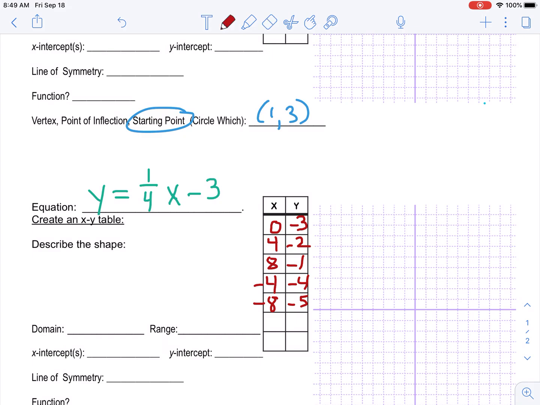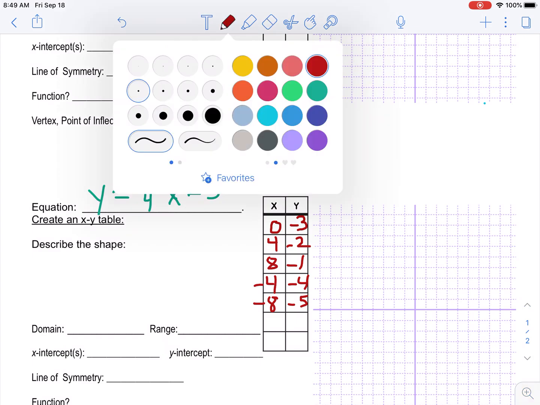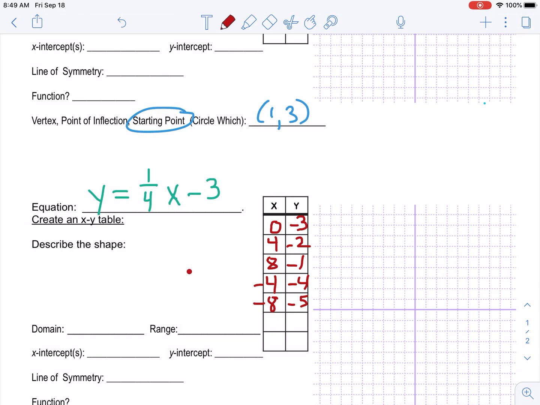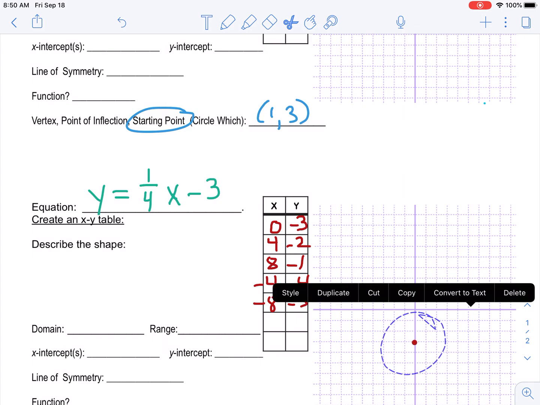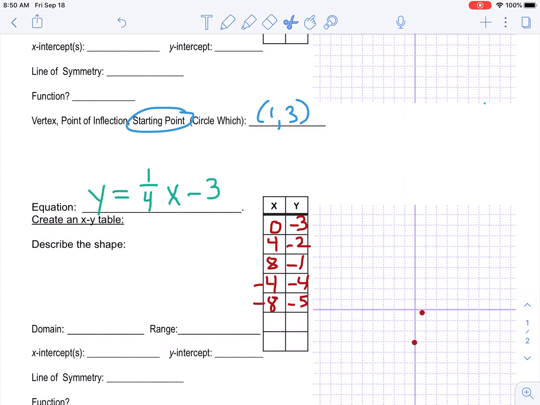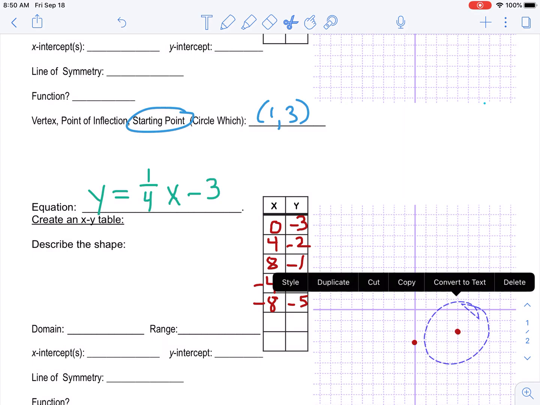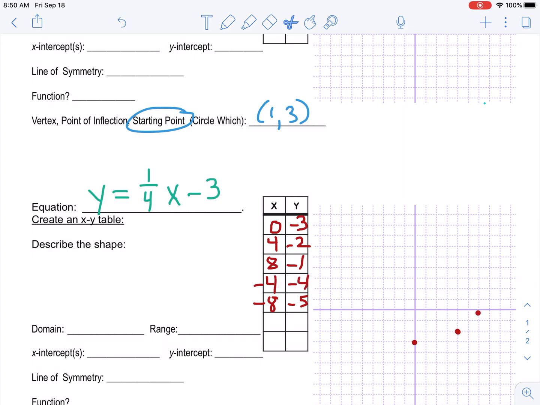And so let's graph these points. I'll use my trick that my student taught me once. Okay, so 0, negative 3. 1, 2, 3. And then 4, 1, 2, 3, 4, negative 2. And then 8, so 4, 5, 6, 7, 8, negative 1.